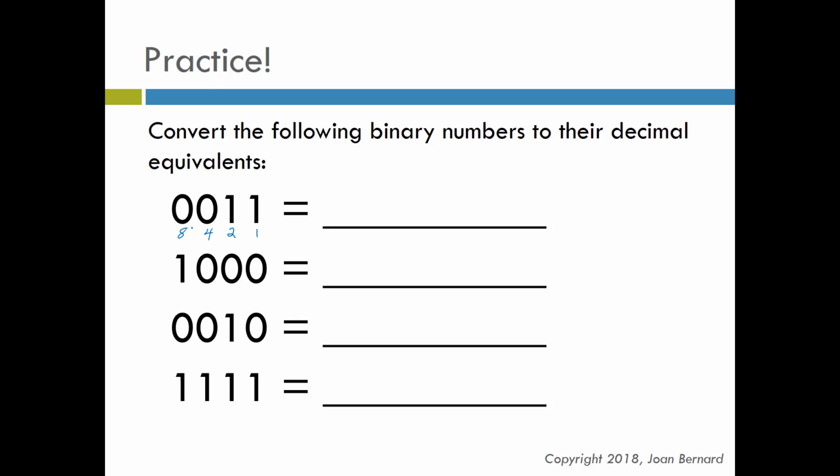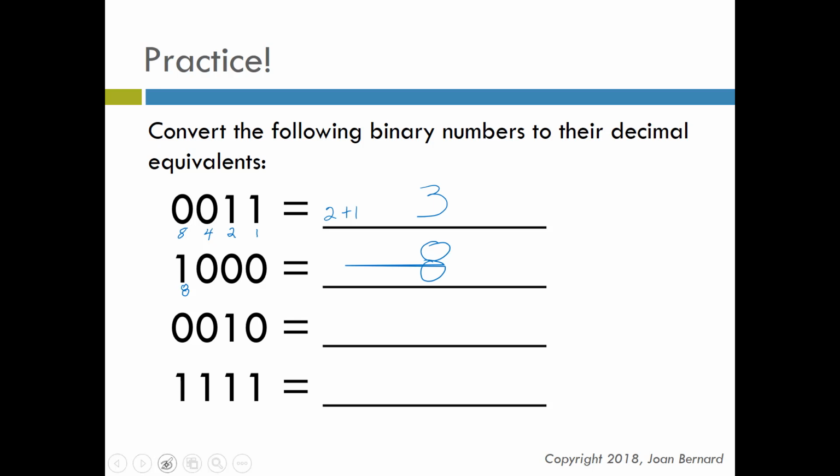So I look for the ones. I really have to focus just on the 2 and the 1. So remember, 2 plus 1, the answer would be 3. In this second binary number, there's only a 1 in this place right here with the 8. So the answer is 8.